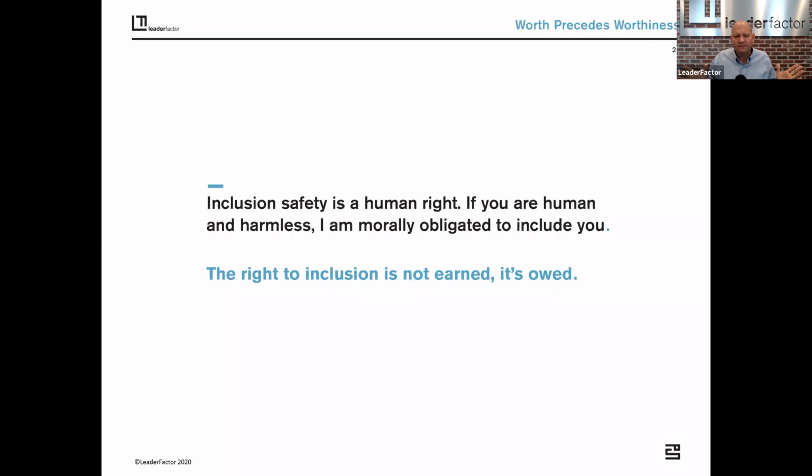Can't do it. So what's happening now in organizations, and this is a beautiful thing, is that as millennials are pouring into the workforce, the moral ethical force that is being exerted on organizations to create inclusive organizations is unprecedented. It's absolutely unprecedented. Why?